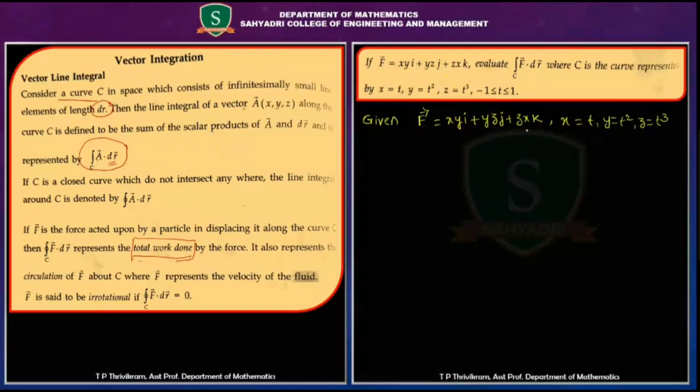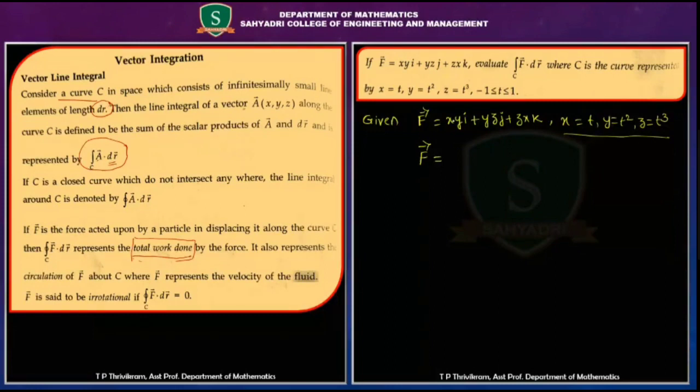Okay, so that means whenever they have given this kind of question, what you need to do is convert this f function in terms of t, because x, y, z are functions of t. So convert f also into a function of t.